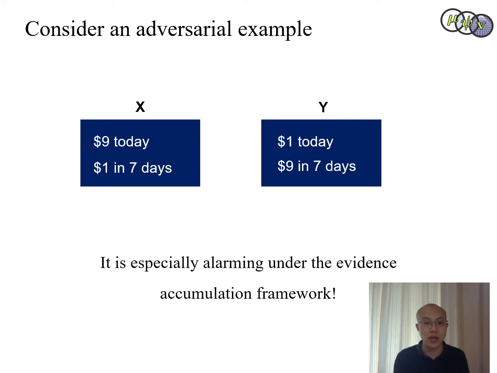We argue that this is especially alarming under the evidence accumulation model, because evidence accumulation models assume that we accumulate the evidence from sequential sampling, from either memory or visual fixations, and so independent processing of the two just does not allow the decision makers to distinguish between the two options.